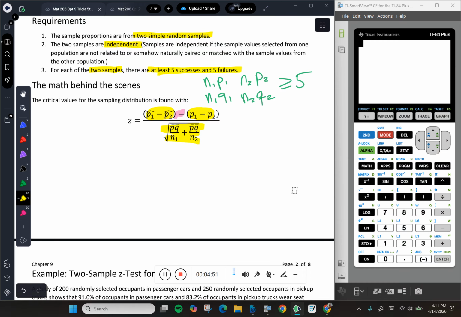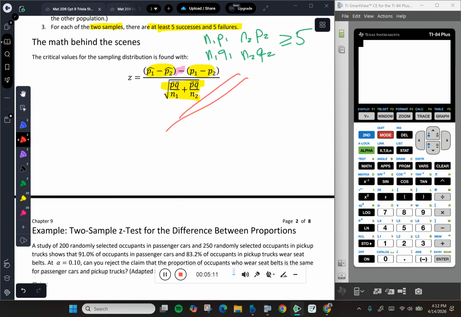And when I take an x divided by a standard deviation, I get a sampling distribution value z. That's the math that's happening. Right? We're never going to use this formula. We are never going to calculate any of this business by hand. There's no reason to, okay? But in case you're wondering what's happening, that's the math that's behind the scenes.